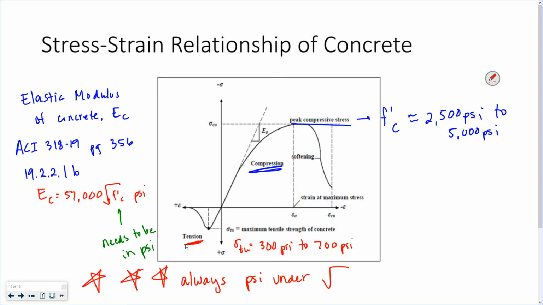And it'll come out PSI. These are empirical formulas that have been done by researchers, and they are unit dependent. Circle this, put giant sparkly things. Under the square root is always PSI, and it comes out PSI. That's not how real math works. That's how ACI empirical math works.